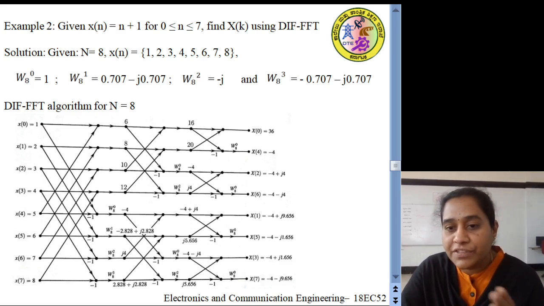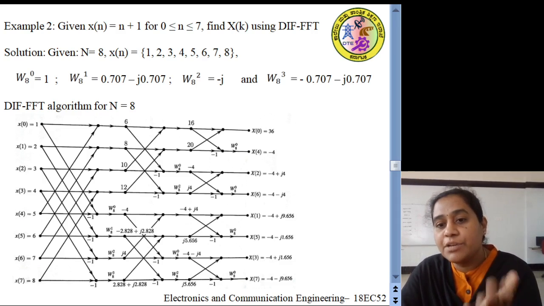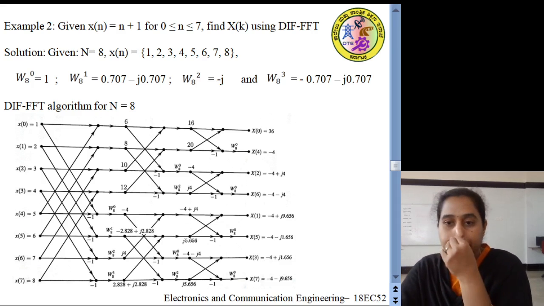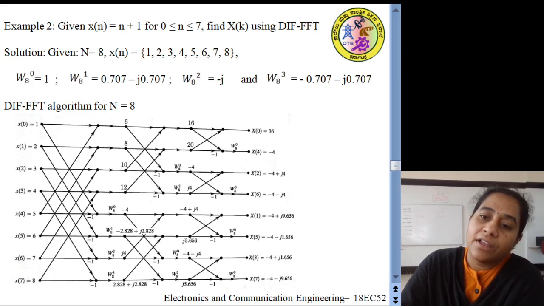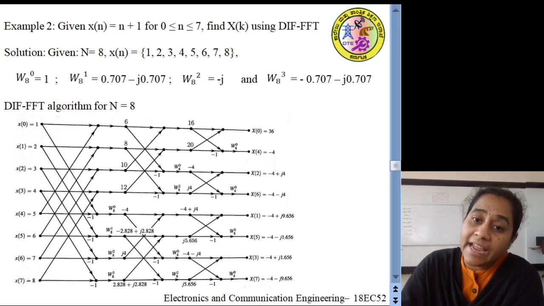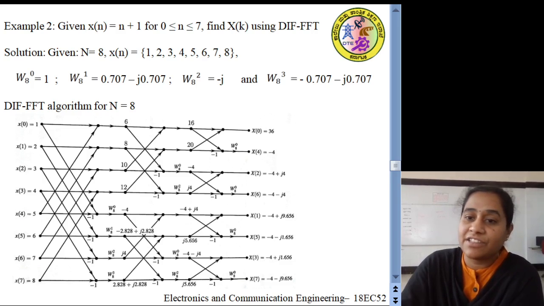So these outputs of the second stage now we considered as inputs to the last stage, that is third stage. So after accepting these inputs and after calculating, what we obtain, the outputs are the 8-point DFTs of the corresponding time domain samples x of n.